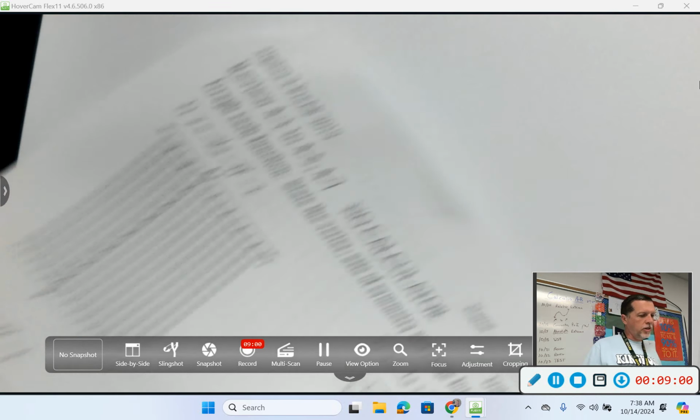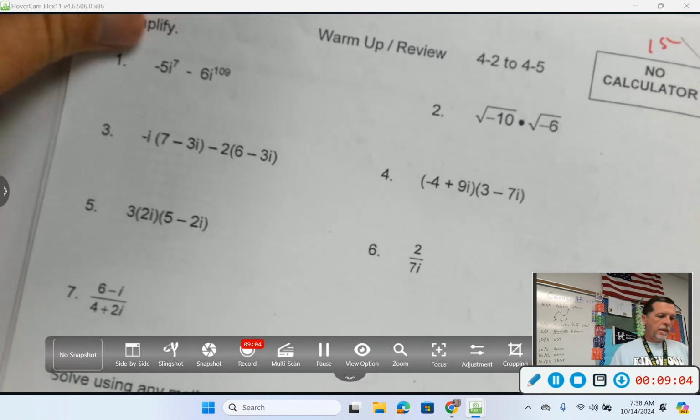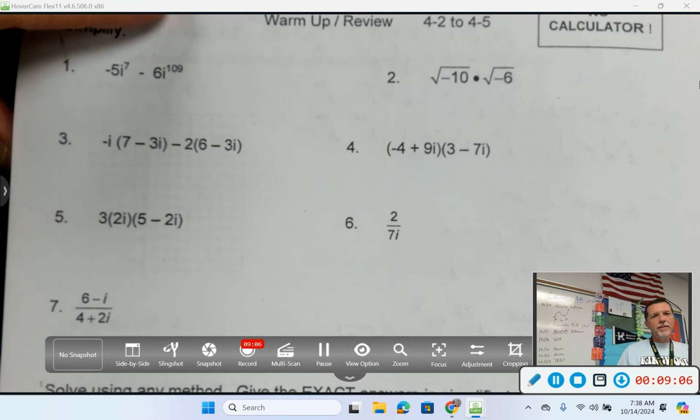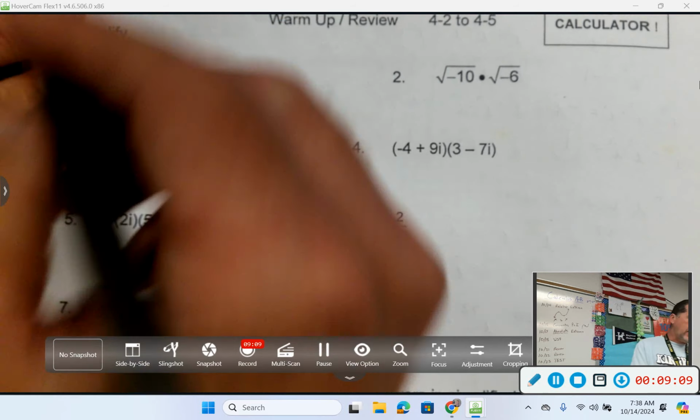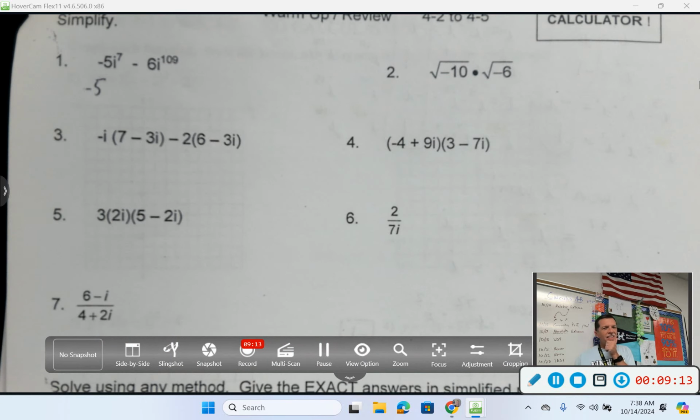So the answer to number 1 on the review, is that what we're looking back at? Okay, so let's try number 1. It's got some extra pieces on it here. i to the 7th is the same as i cubed, which is negative i.